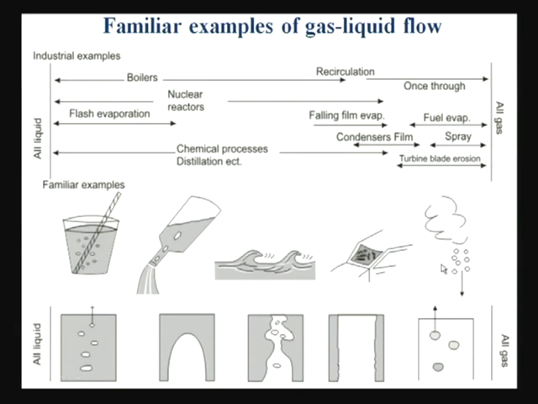At the other extreme, it is just raindrops which are falling. A very interesting example: when there is rainfall, you must have observed on the windscreen of the car, small rivulet sort of patterns come out and flow in a very zigzag fashion on the windscreen. It is known as a meandering motion. A lot of interest has come up with respect to this meandering motion, and this is also due to the interplay of different types of forces.